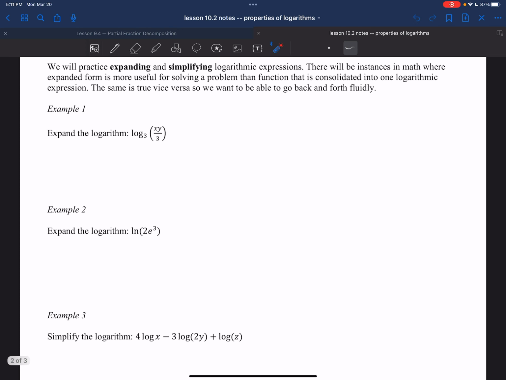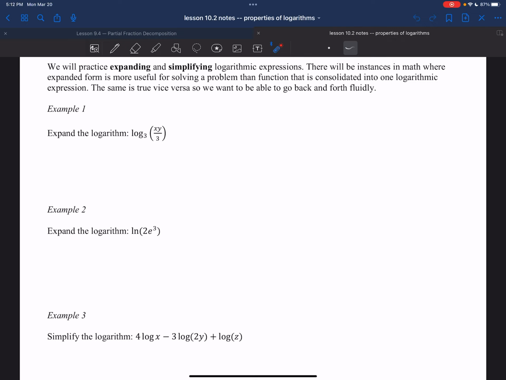In this lesson, we're going to practice expanding and simplifying these logarithmic expressions. Sometimes when it's simplified like this right here, that's simplified because it's a single logarithmic expression. Sometimes we like that. Sometimes it's a nice answer, or we use it for something. Maybe it's a nice graph. Sometimes, however, we'd like to expand the logarithms.